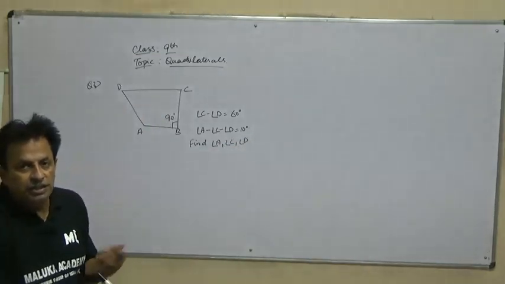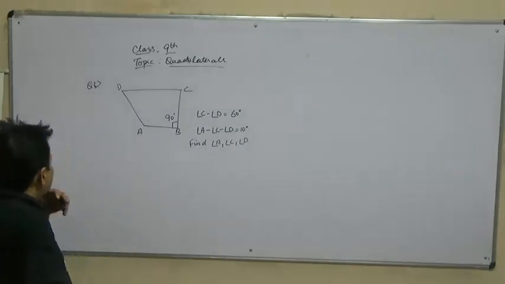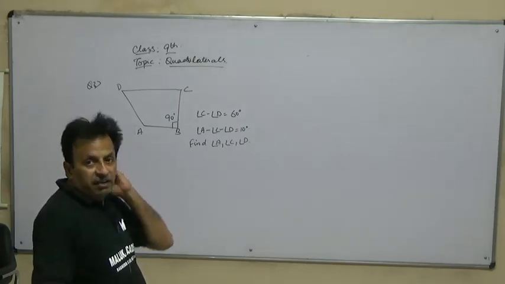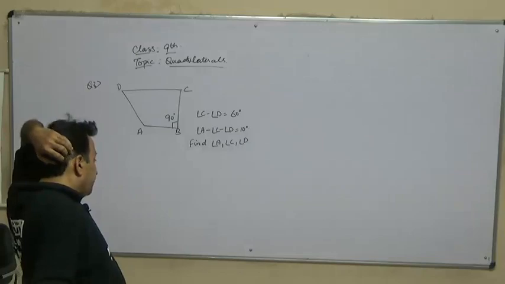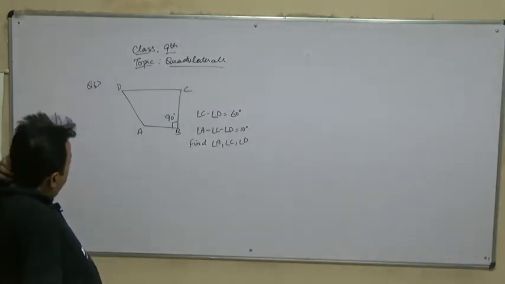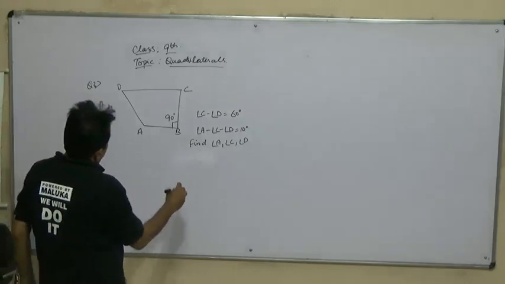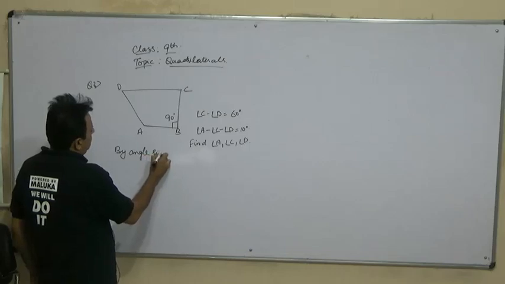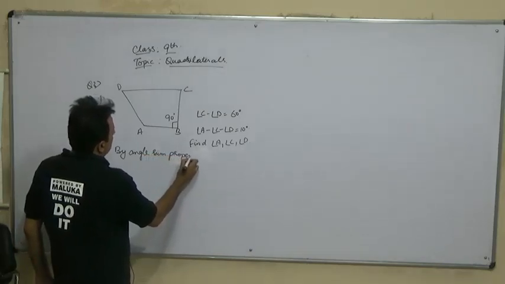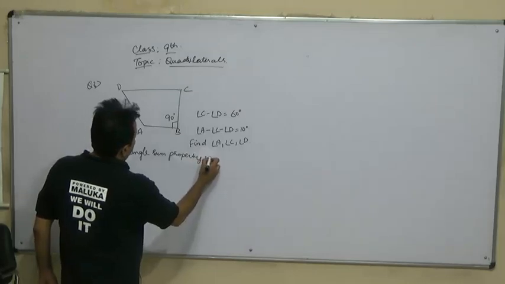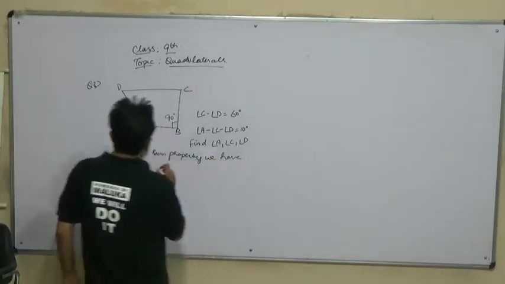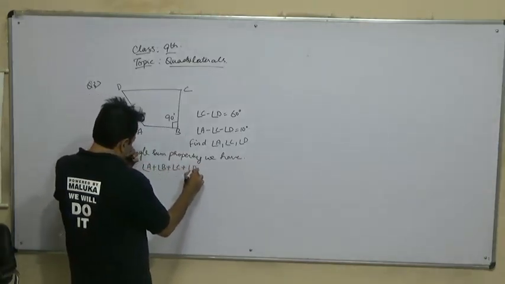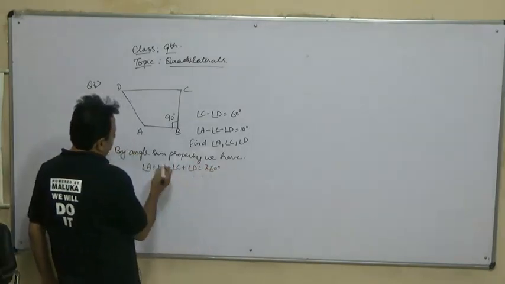We are given certain relationship between the angles, that is angle C and D differ by 60 degree, and difference of angle A from the sum of C and D is 10 degree, and we have to find these three angles. So we know that by angle sum property, we have angle A, angle B, angle C, angle D is equal to 360 degree, and B is 90 degree.